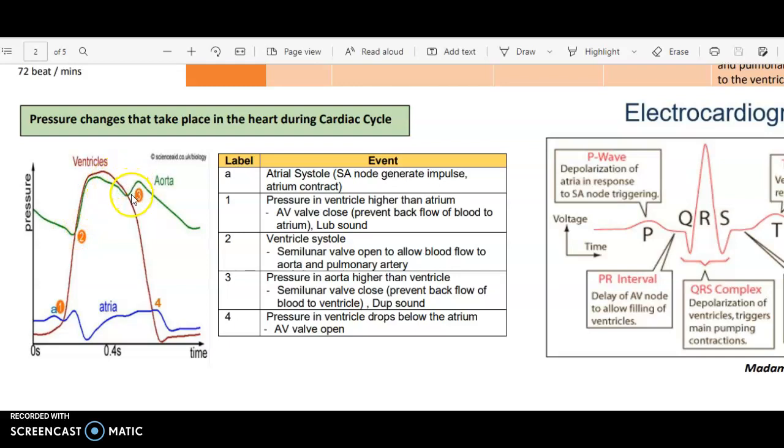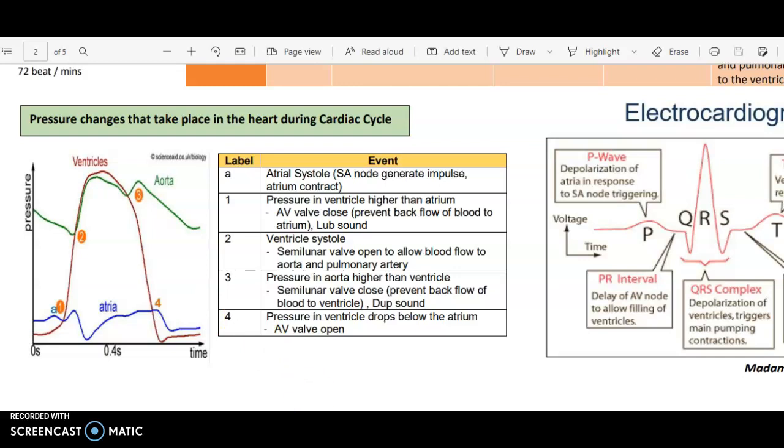At point number 3, atrial and ventricular diastole, the pressure in the aorta is higher than the ventricle, the semilunar valve closes, and the second sound is produced, ndap. And then finally at number 4, still in stage 3, atrial and ventricular diastole, the AV valve opens.